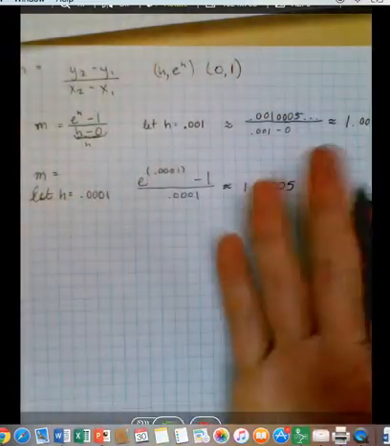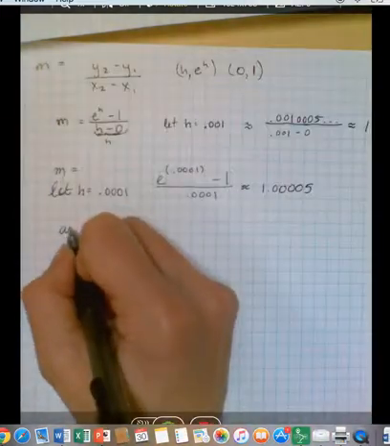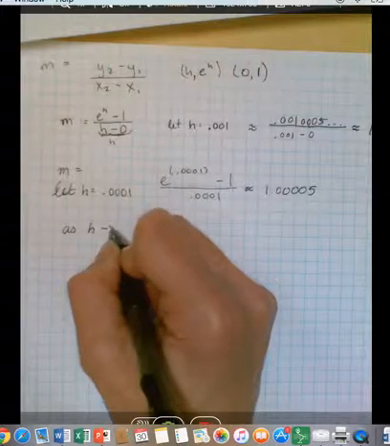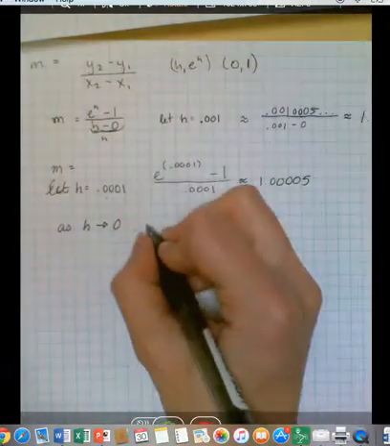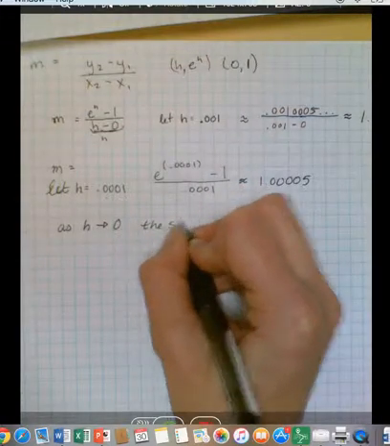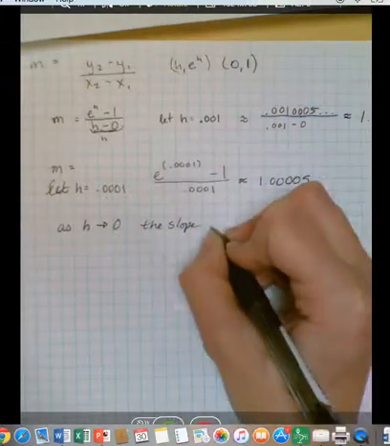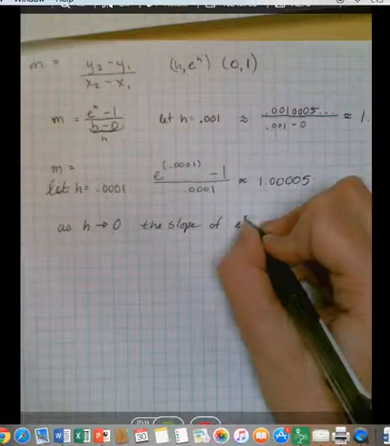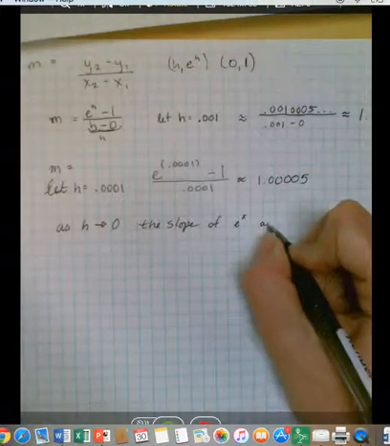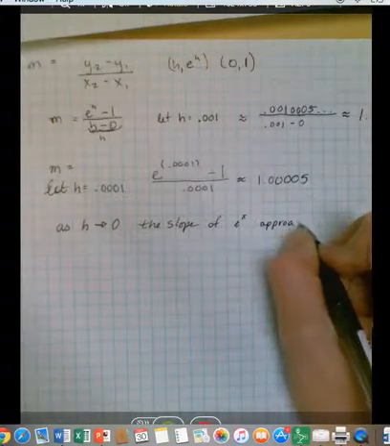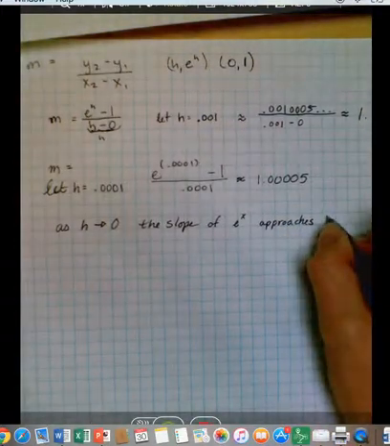So I'm going to say that as h approaches 0, the slope of e to the x approaches 1.